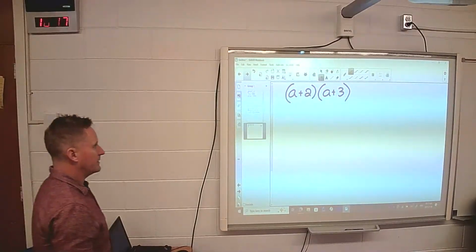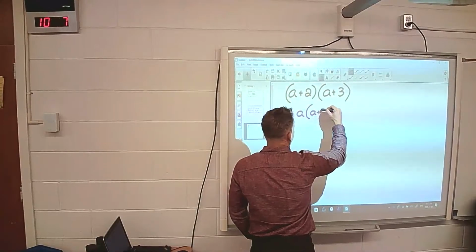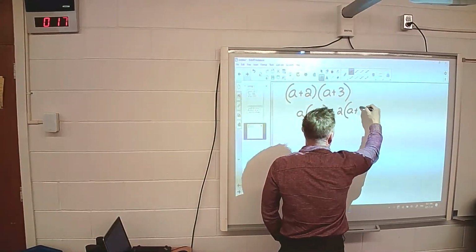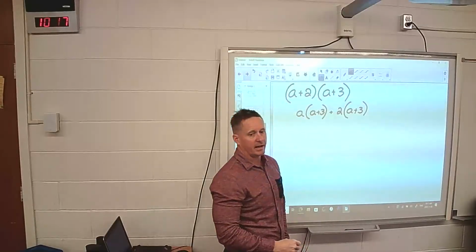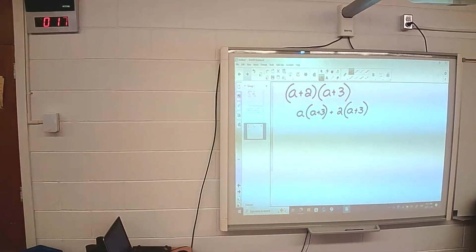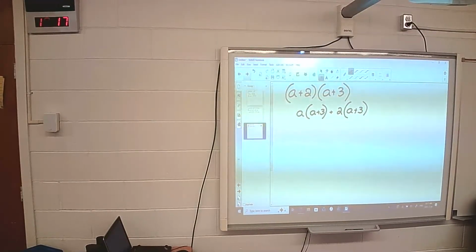So I would take the a and times it by a plus 3. Then I take the 2 and times it by a plus 3. Again, this is the longer way, but it still gets us to the same answer.